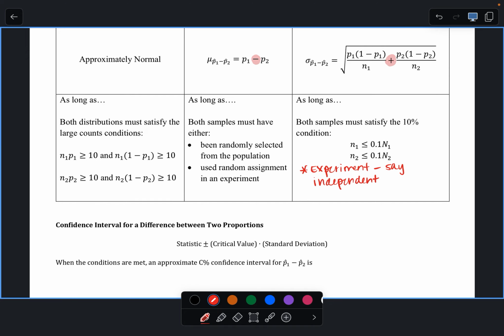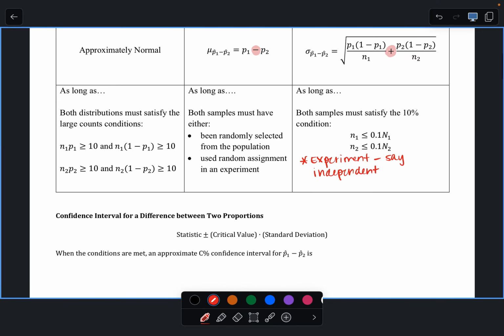If you are doing sampling, where you're asking people questions via an observational study, the expectation is that you check 10%. So all three conditions are exactly the same. You're still doing the same communicate, conditions, calculate, conclude. Everything is the same except for our formula.